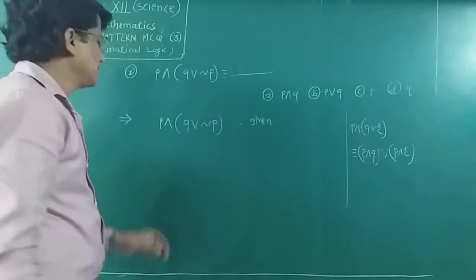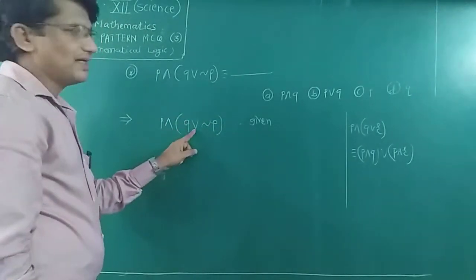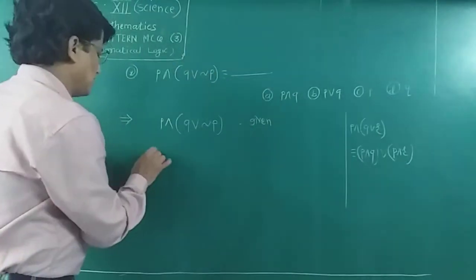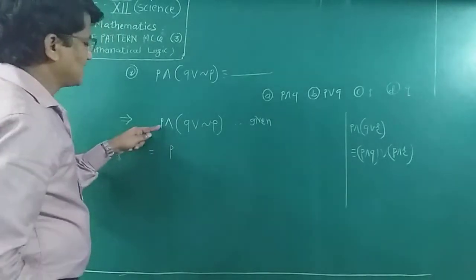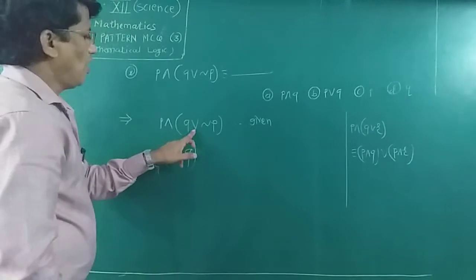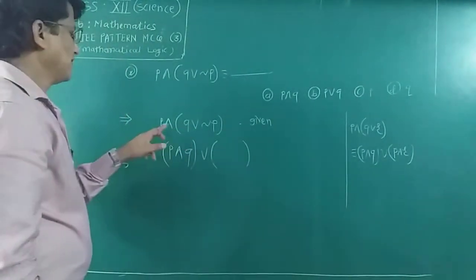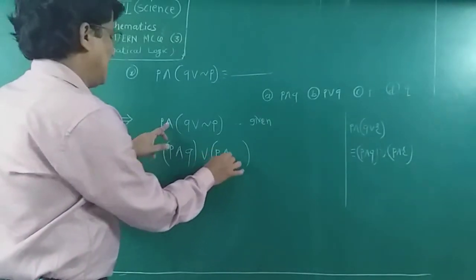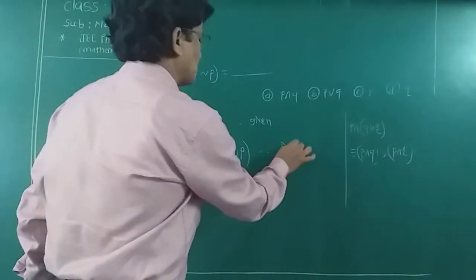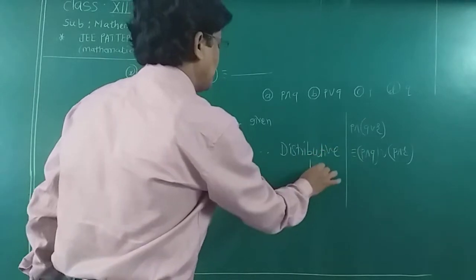Now here, outside the bracket there is an 'and', and in between there is an R. Compare like this and use the distributive law. So what is the distributive law? P as it is and Q, this is the first bracket, and another bracket P and negation of P. This is by the distributive law.